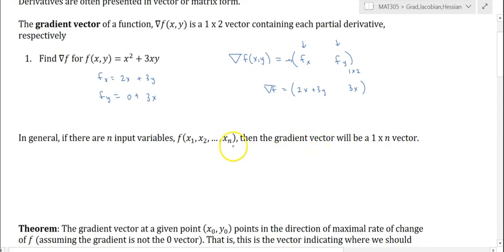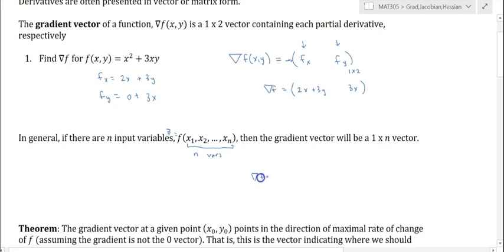And so in the case of having n variables, still just one output, which we may prefer to call z or just f of those input variables. The output is a single output, but we have n separate variables, so this is going to be a 1 by n vector.